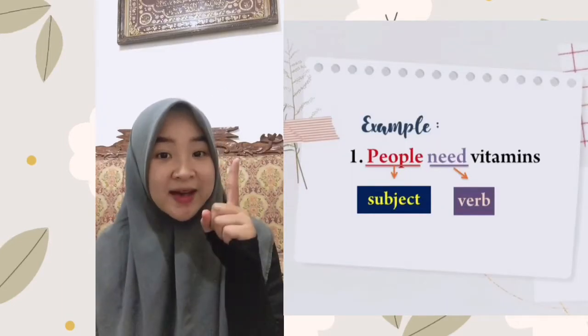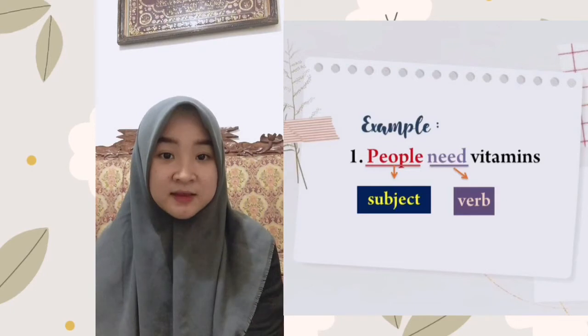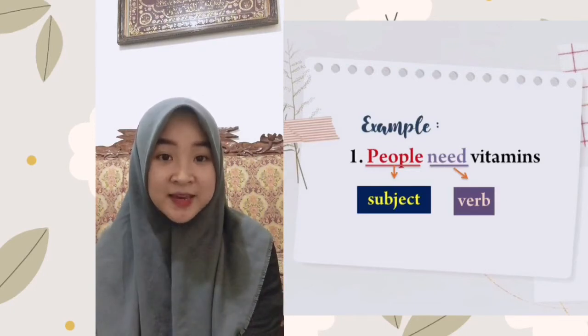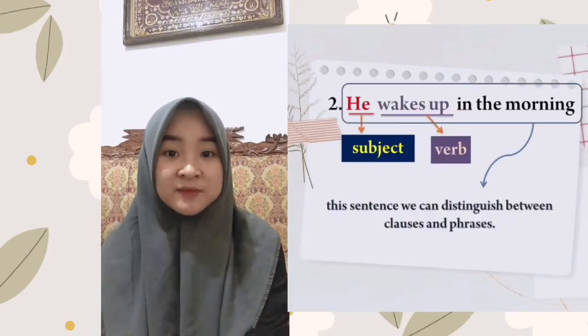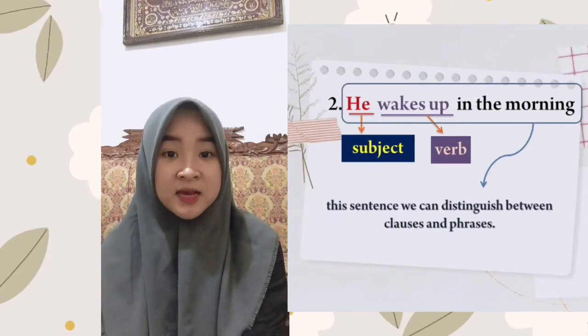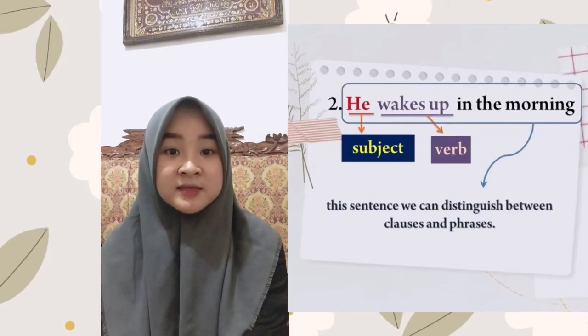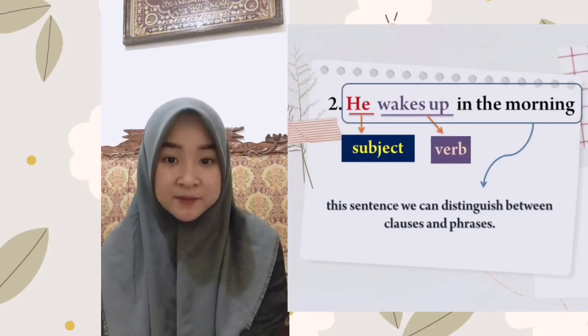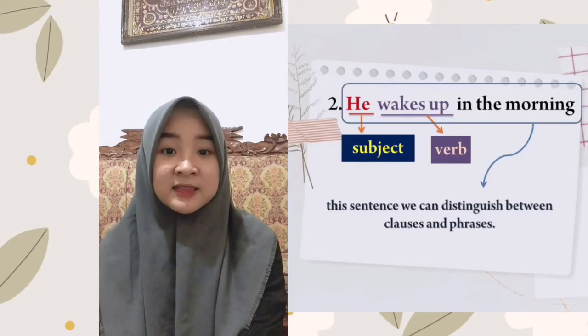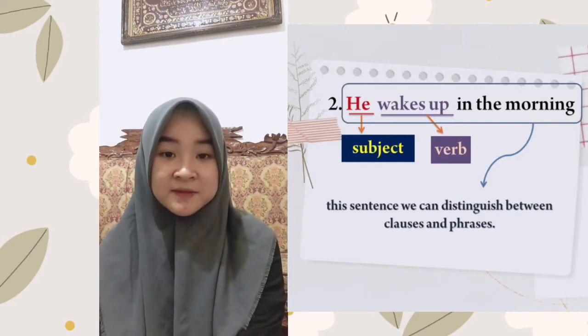Example 1. People need vitamin. People is a subject and need is a verb. 2. He wakes up in the morning. He in the sentence is described as the subject and wakes up is described as a verb. In this sentence, we can distinguish between clauses and phrases.